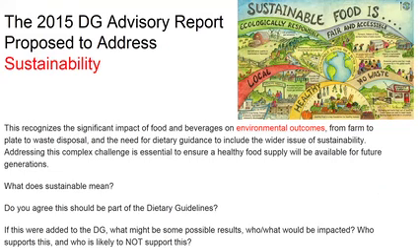Most people don't know this, but they were really hoping to talk about sustainability in the last dietary guidelines and starting to recognize the impact of food and beverages on environmental outcomes. So thinking about, this says farm to plate waste disposal, so food waste, and to start thinking about how our food choices affect sustainability in the environment.